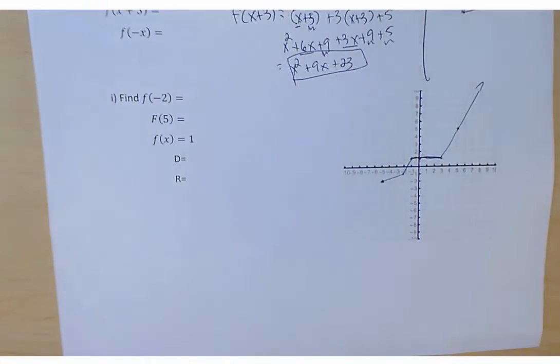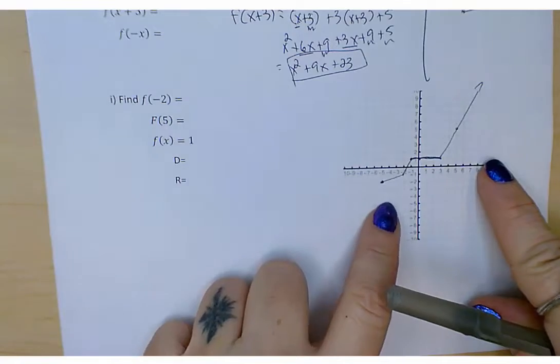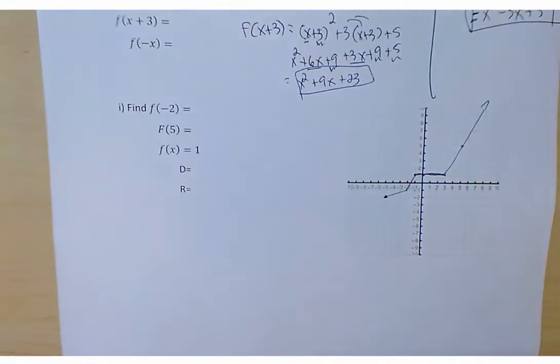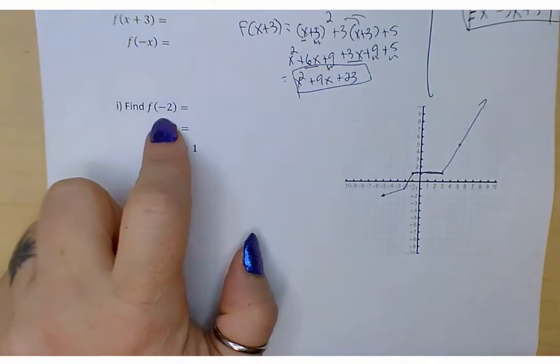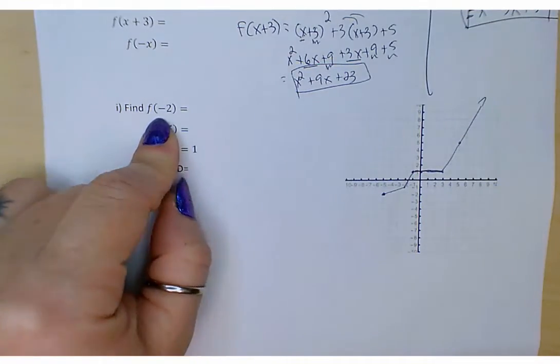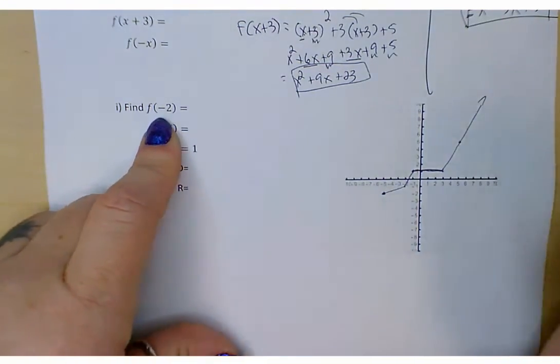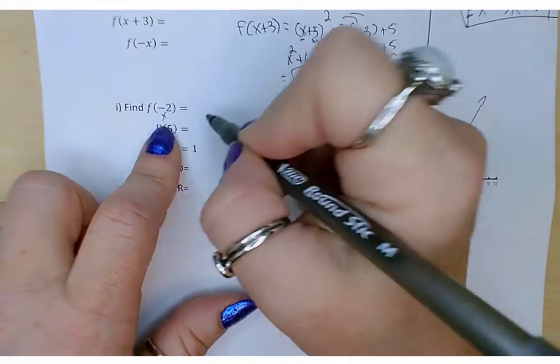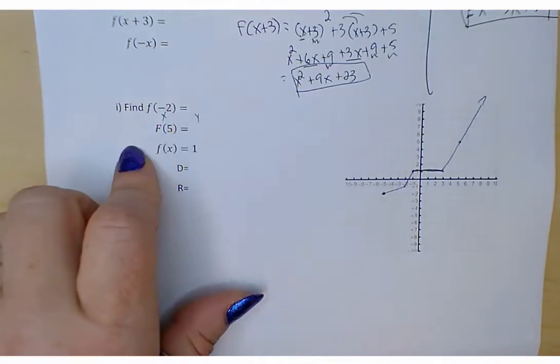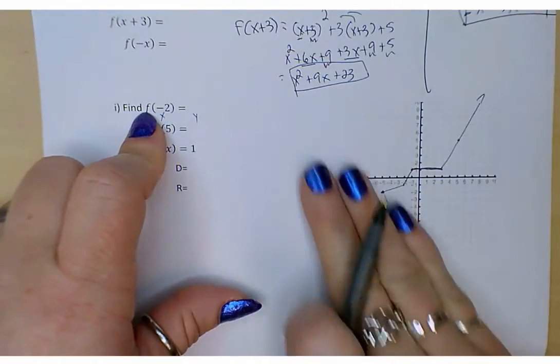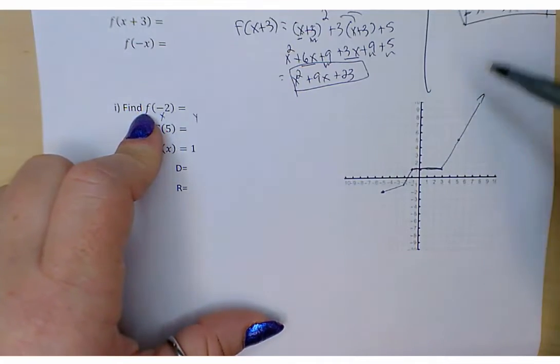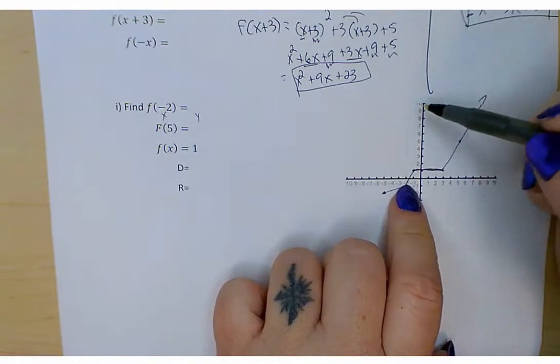For our last example here, we are going to use this given graph in order to find the following information. Starting off with f of negative 2. What they're asking for here is, if our x value is negative 2, what is our y value? So what you need to do is go on your graph and look at negative 2, where x is negative 2.